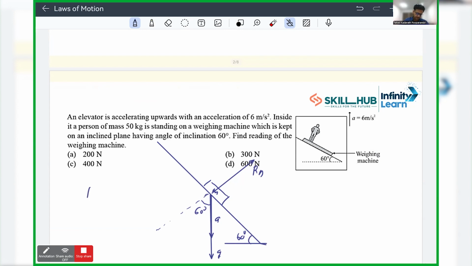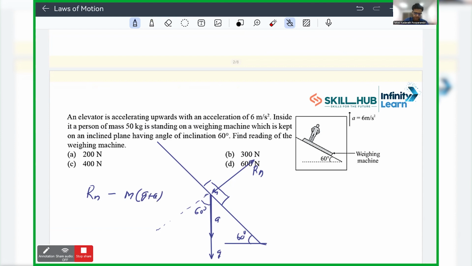We have Rn upward, perpendicular to the surface, and we have G and A, that is M into (A plus G) downward, but we need to get the component along the perpendicular to the plane. Then the force would be equal to mass into acceleration, which is zero here. Both accelerations you can add up since they are in the same direction.